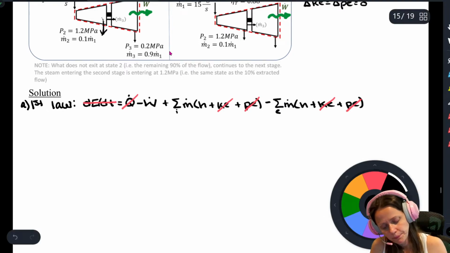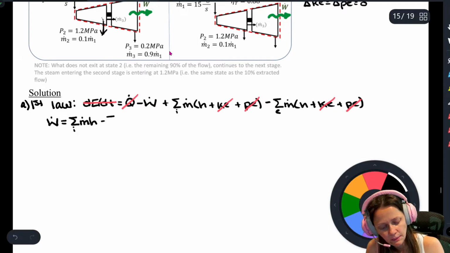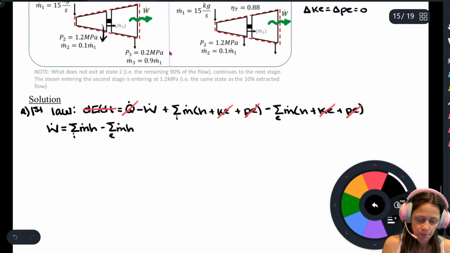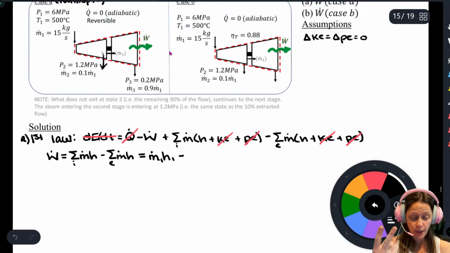And so this is going to be the sum of the m dot h's coming in minus the sum of the m dot h's going out. And so you just have to be methodical. So going in, you have one thing going in, so this is m dot 1, h1. And then you've got two exits.